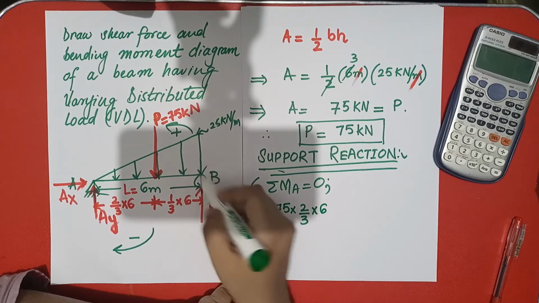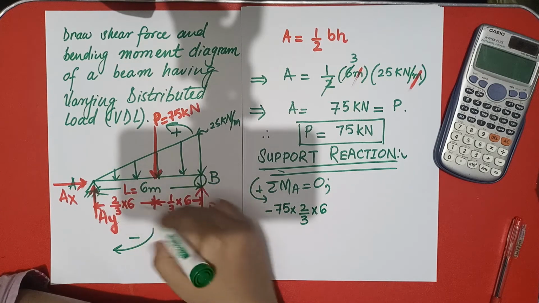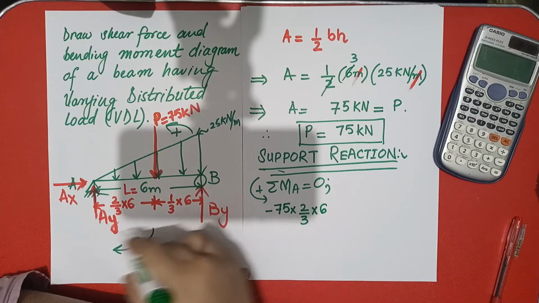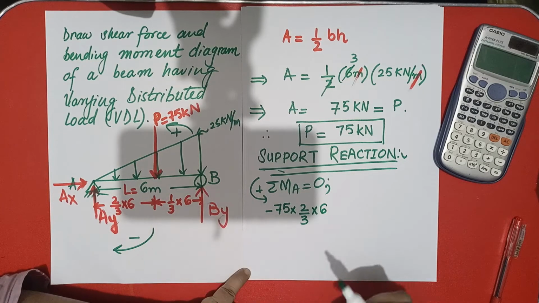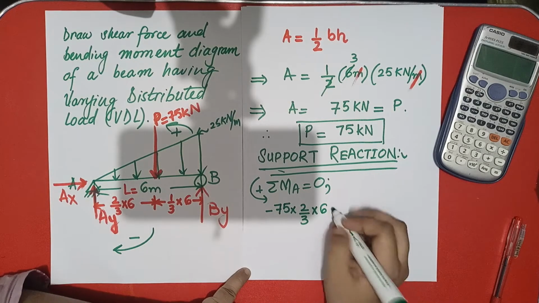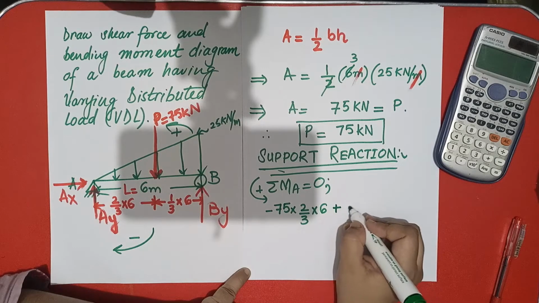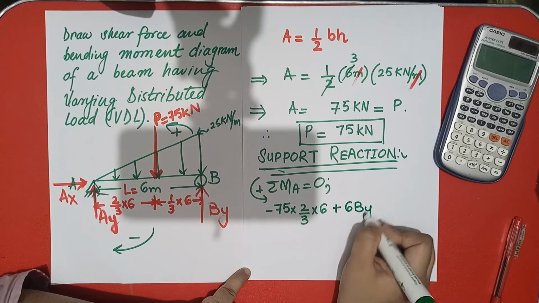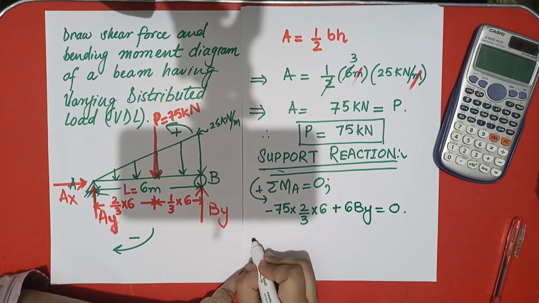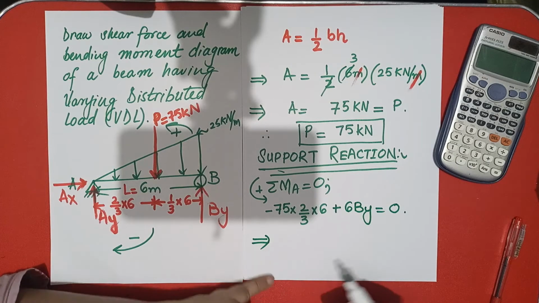And when I rotate BY, I have to multiply with the whole base of the triangle, that is 6 meter, or B. So it should be 6BY. Now you have to simplify it.